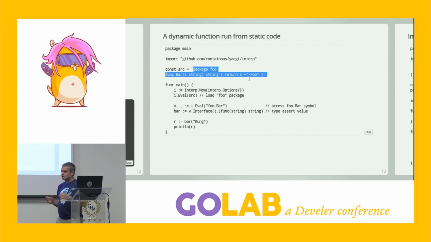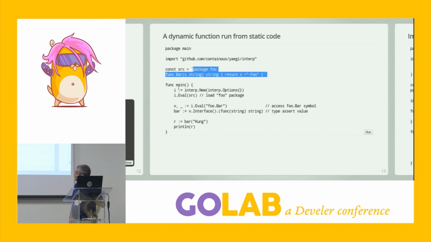So here, this is a very small package, but it's a fully valid Go package. It exports one Bar function, which takes a string as input, and then transforms this string slightly. So this is the only code that we want to evaluate.